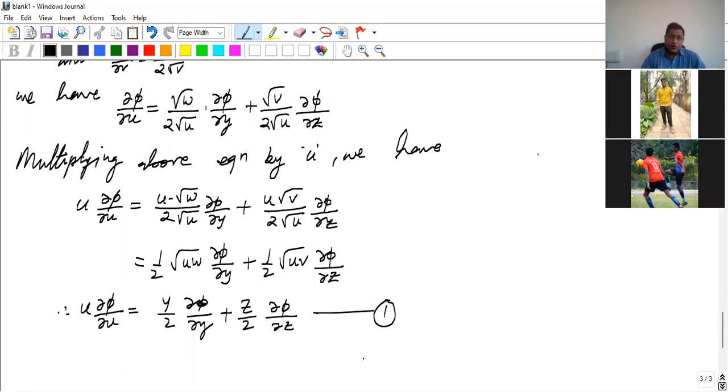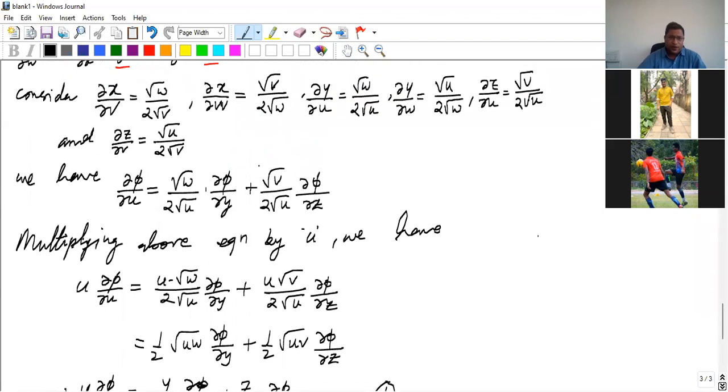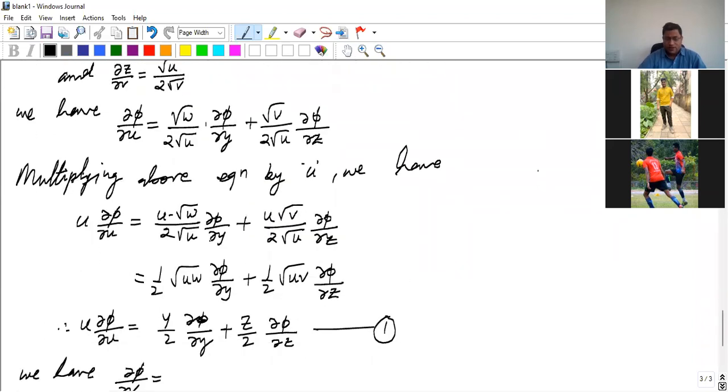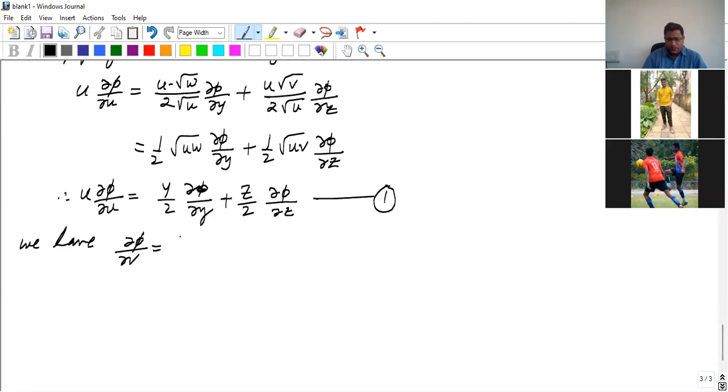Now think of the derivative with respect to v. So we have ∂φ/∂v. We have to use ∂x/∂v and ∂z/∂v, and that's what the terms are here. So let us write these terms, and then we have root of w upon 2 root of v ∂φ/∂x plus root of u upon 2 root of v ∂φ/∂z.